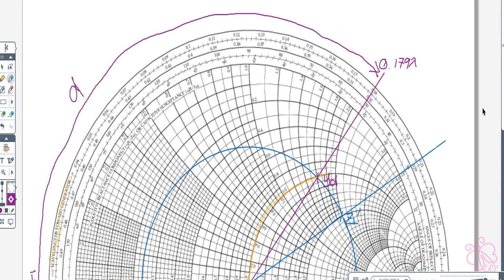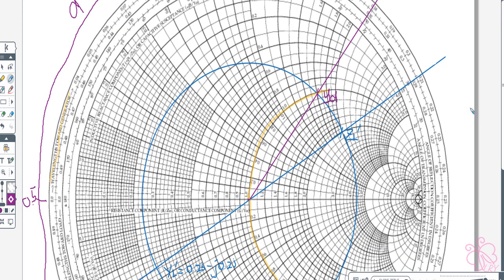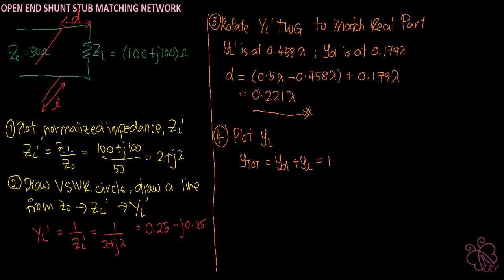Looking, YD is at the 1.0 circle, and it is on the upper side, here 1.6. So 1 plus j1.6. So our YD is 1 plus j1.6 plus YL equals 1.